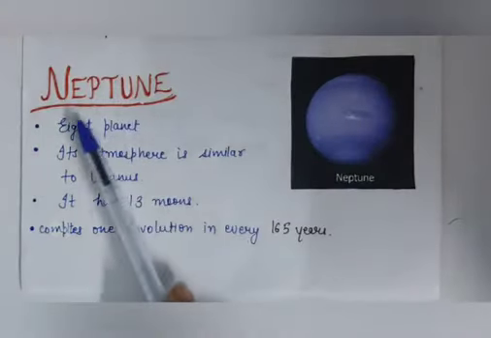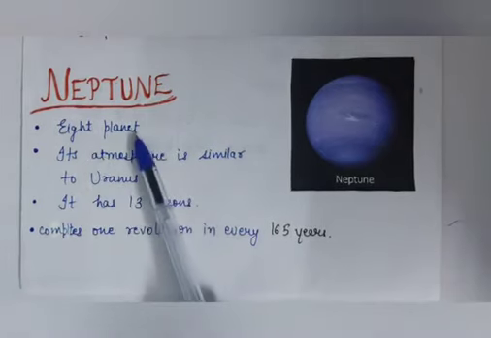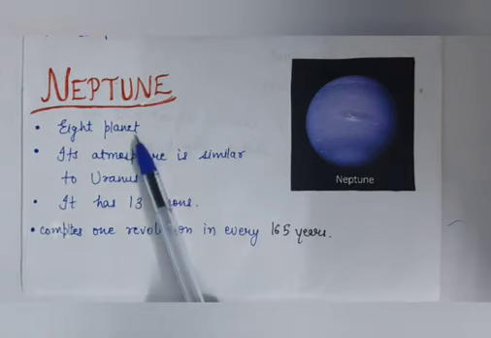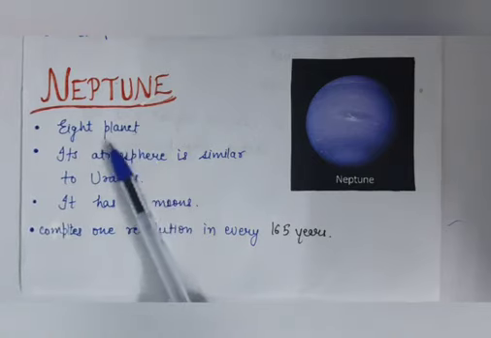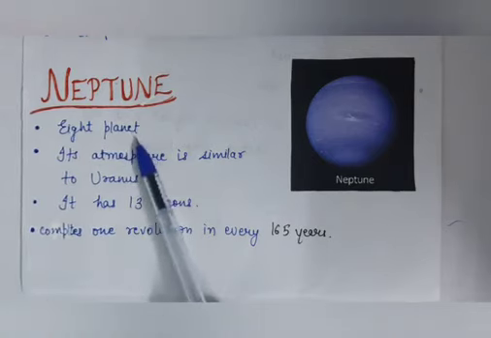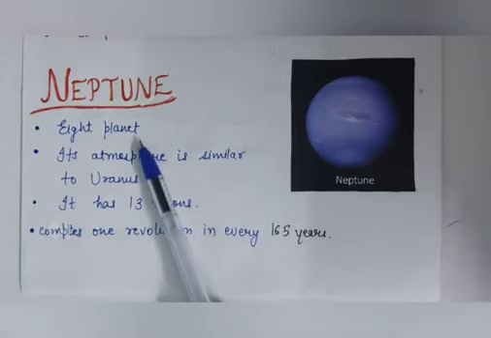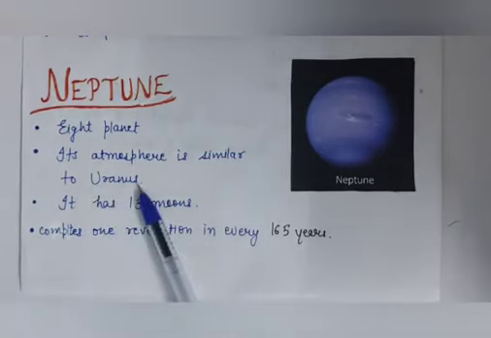Next planet is Neptune. It is the 8th planet of the solar system, which is farthest from the sun. Its surface temperature is very low, and its atmosphere is similar to Uranus.